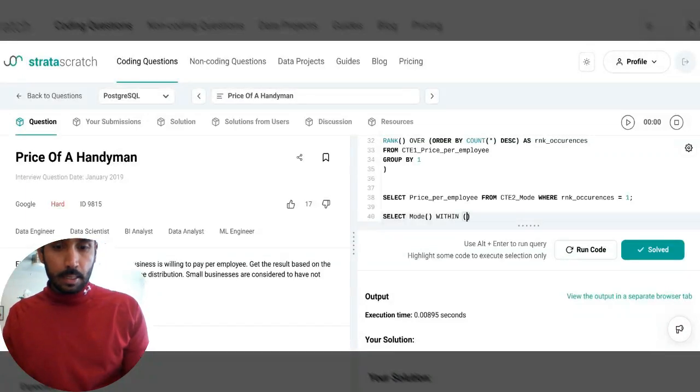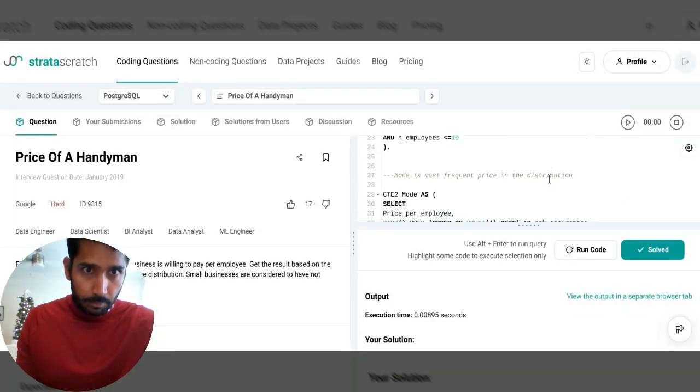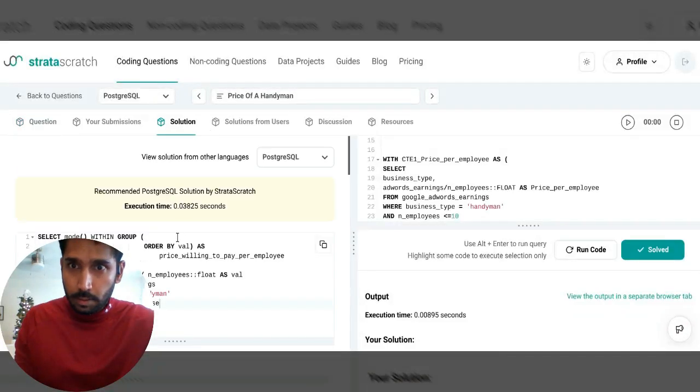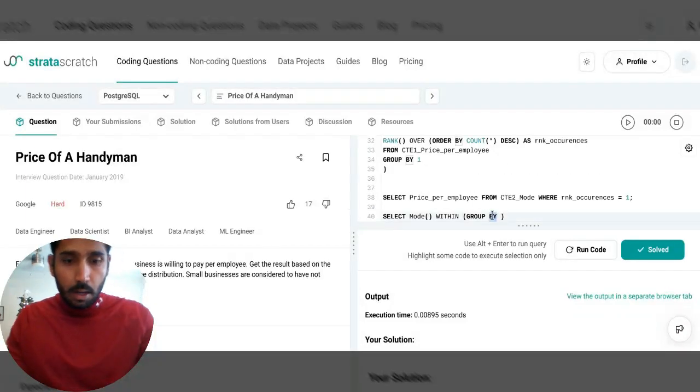within group by. How is that used again? Okay, group order by the metric we want to look at. Okay, group order by. It's interesting.